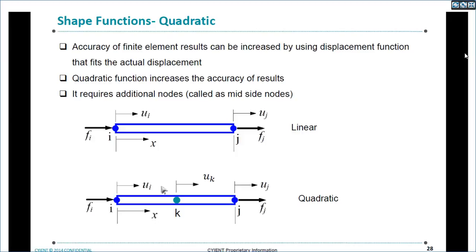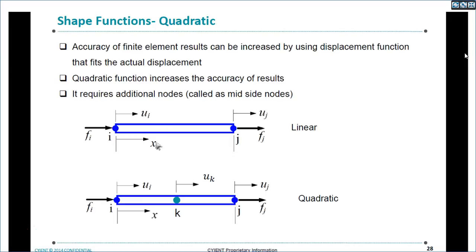Now let us discuss shape functions for linear and quadratic elements. What is linear and what is quadratic? For linear, the shape functions will be assumed to be linear, so typically it will have only two nodes, whereas quadratic will have mid-side nodes, a node at the center. So what is the difference between linear and quadratic? The accuracy of finite elements can be increased by using a displacement function that fits the actual displacement.